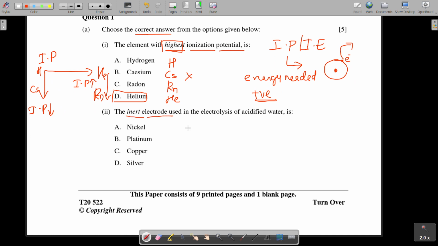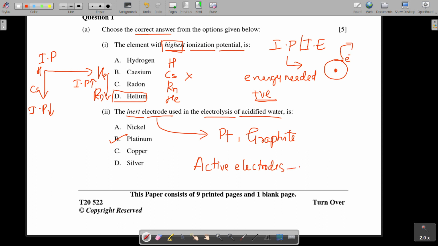The inert electrode used in the electrolysis of acidified water. This is one of the electrolysis processes we studied. For inert electrodes, we have two things: one is platinum, another one is graphite. So if you observe any options, either platinum or graphite, straight away tick one of them. So here it is platinum. One more type of electrodes, do you know what those are? We call them active electrodes. Very good.